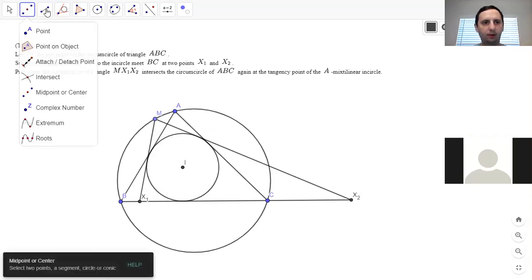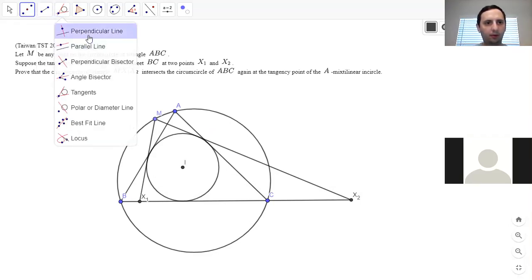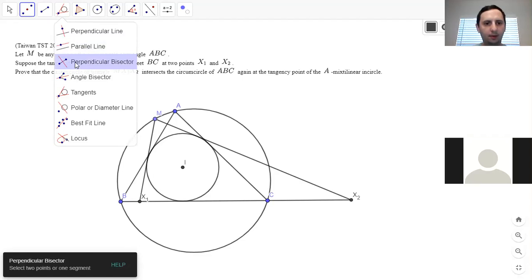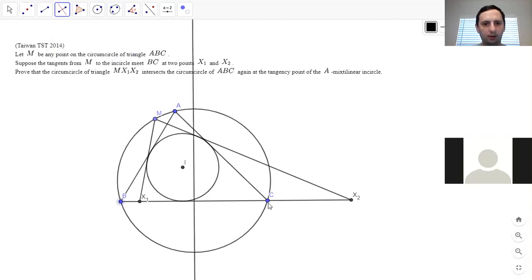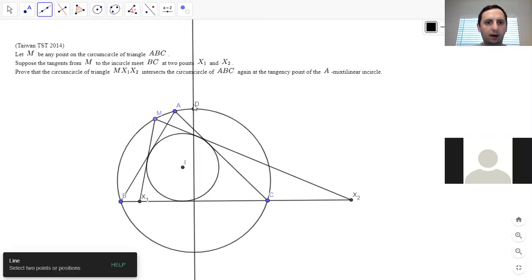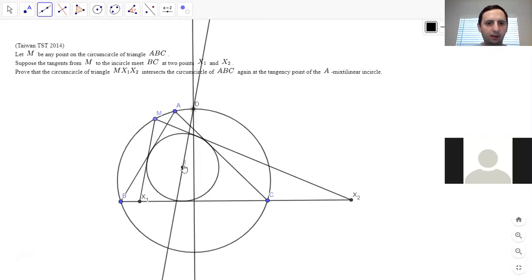And basically, all we have to do is, so there's a theorem. If we look at the midpoint of arc BAC, and we label it D, let's say, and then we draw DI, it meets the circle at the tangency point of the mixtilinear incircle.